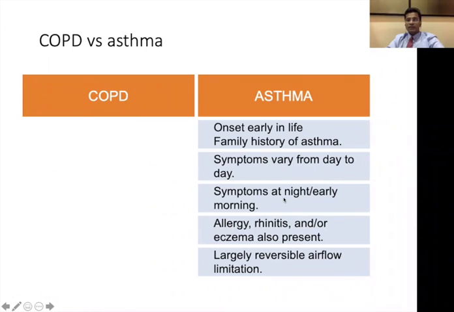Symptoms are mostly at night or early in the morning, where there's a diurnal variation, and this is the time that peak flow rate is reduced and the airflow limitation is more severe. And they are usually atopic subjects, therefore allergies, chronic rhinitis or eczema may or may not be present. But just because these things are not there, one cannot rule out a diagnosis of asthma.